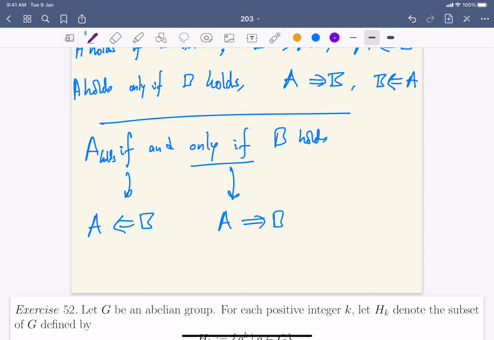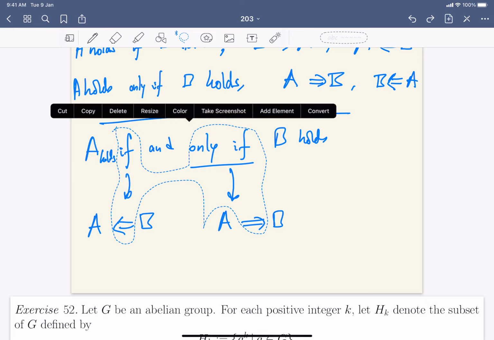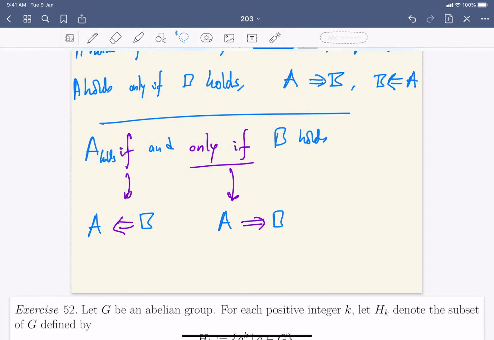So if you want, this is a shorthand for if, and this is a shorthand for only if, okay?